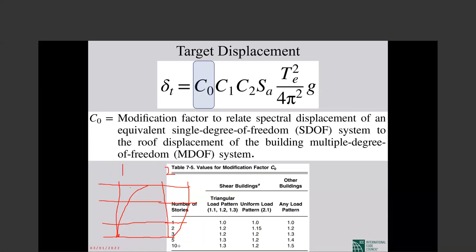A frame, for example, a multi-story one bay frame behaves like form 1. And when we look at the elements, there is no real bending behavior in elements.